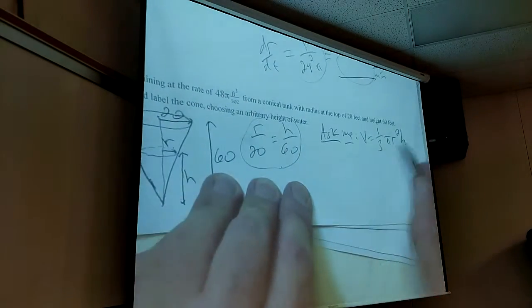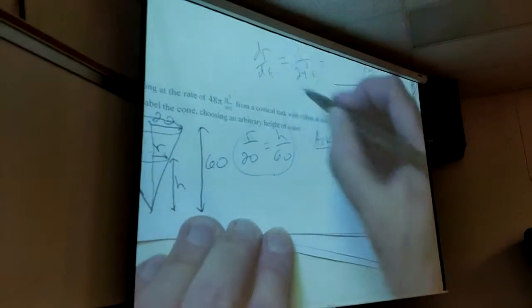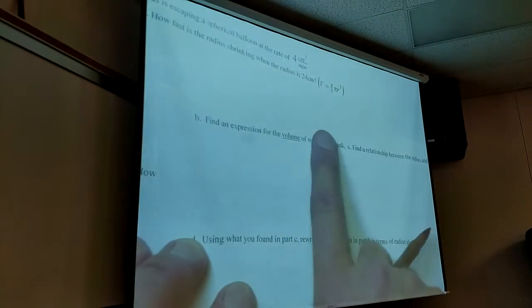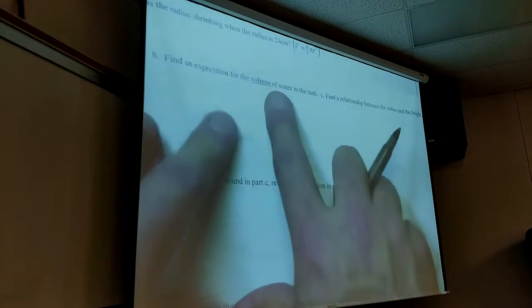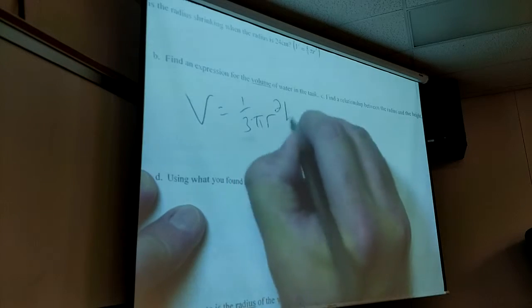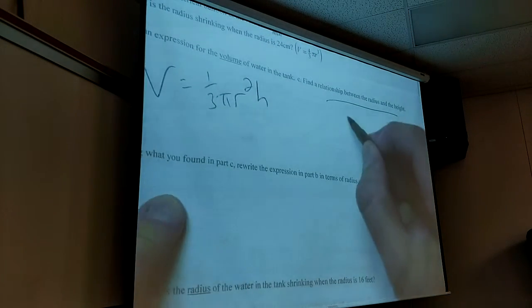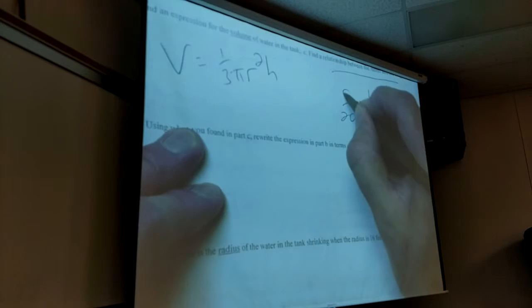I don't know yet which letter to solve for, do I? The only thing this asked me to do was this, and I went a little further. Part B asks you to find an expression for the volume of the water tank. We got that: 1/3 pi r squared h. Find a relationship between the radius and the height. We got that. It was r over 20 equals h over 60.